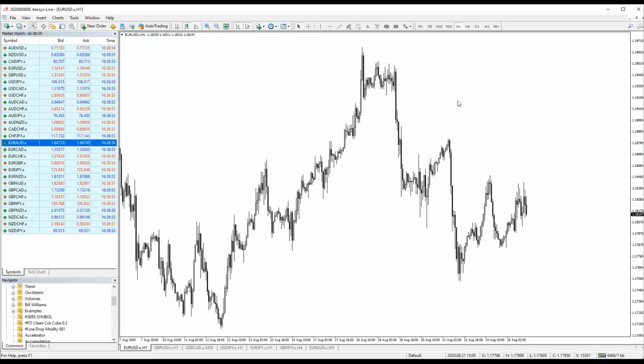Okay, let's continue. So what do we see on H1? Euro US dollar at this very current time. Price was climbing up, it was ranging and reversing.